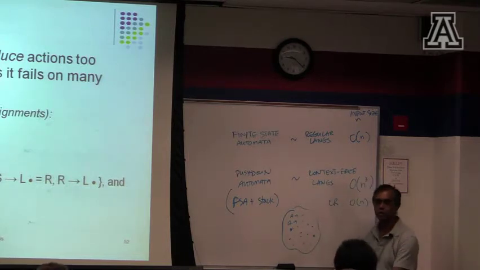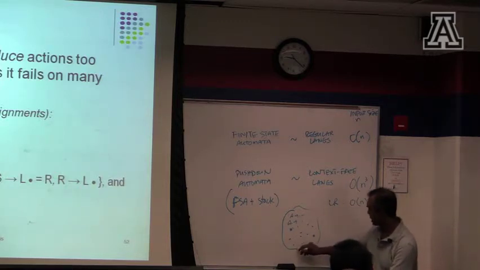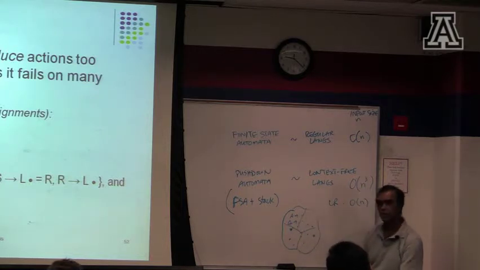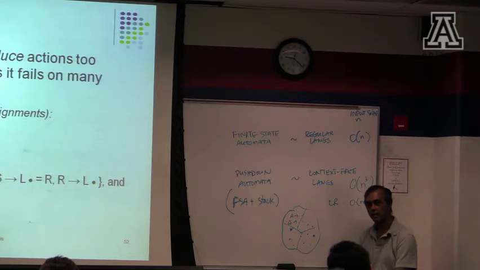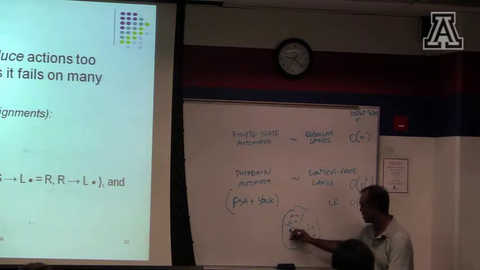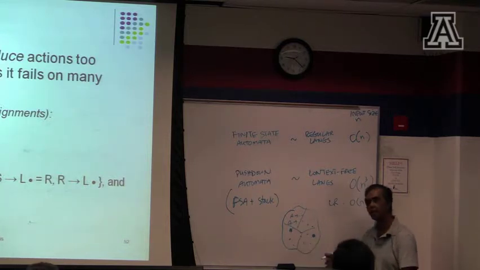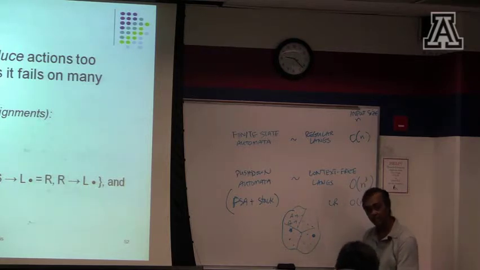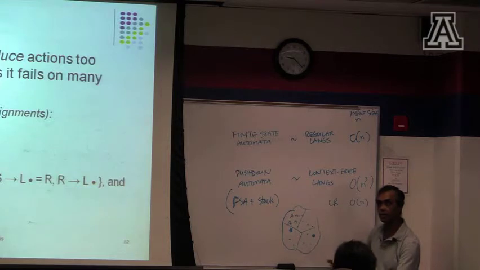So one way I could potentially reduce the number of such conflicts and hopefully eliminate them is to think of breaking this state up into pieces. And if I do this carefully, and the grammar is good, it kind of suits us, then maybe now the shift action's over here and the reduce action's over here, and now I don't have a conflict. So splitting up the state might help eliminate some situations where I get shift-reduce conflicts. It will give me more states, however, because each state now gets split up into more.